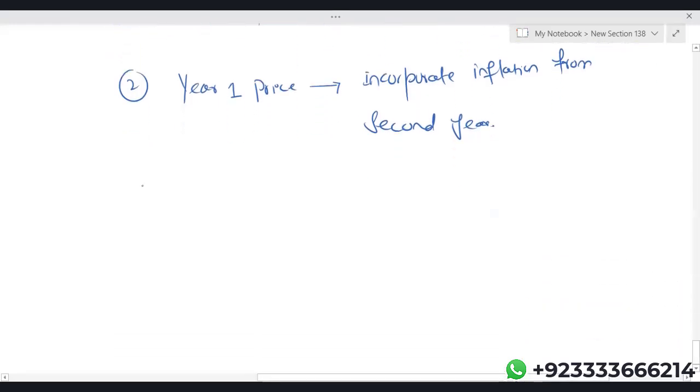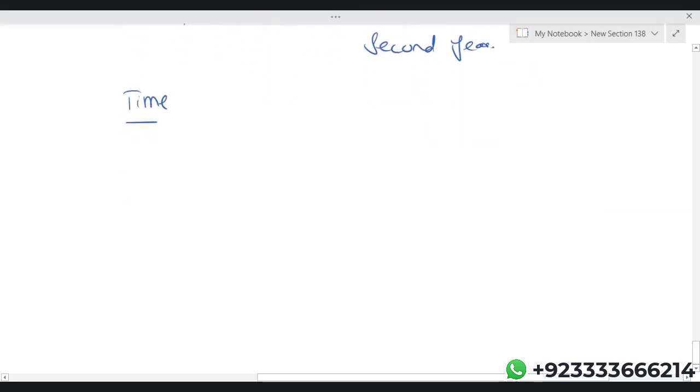Okay. Now let's see a very simple question. Time T1, T2, T3, T4. Current price 100.